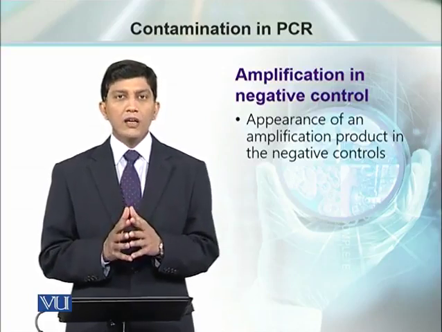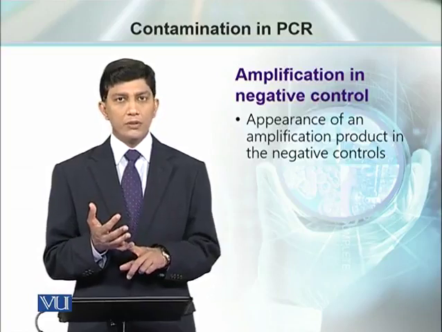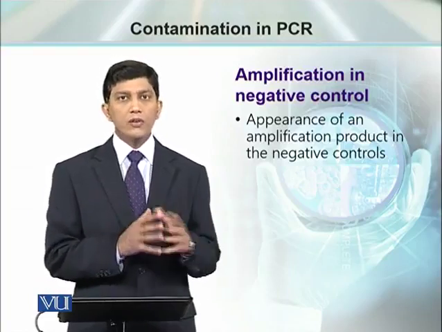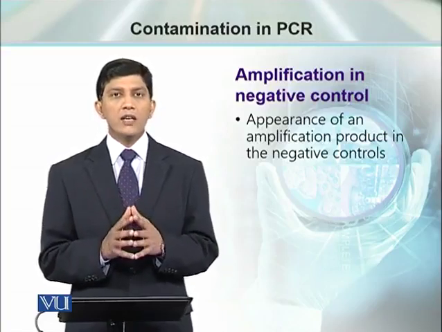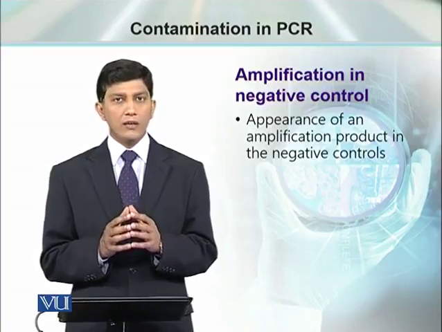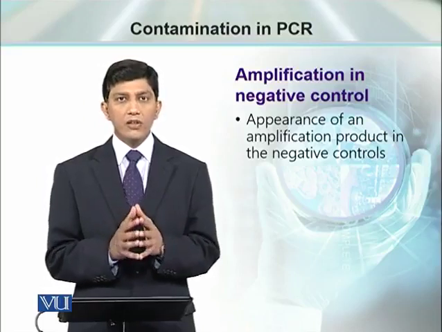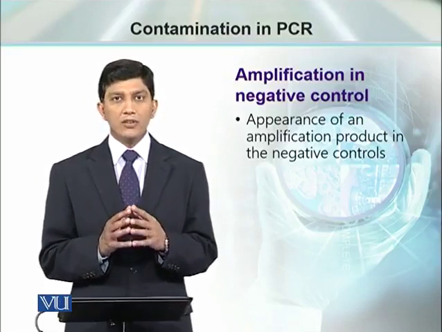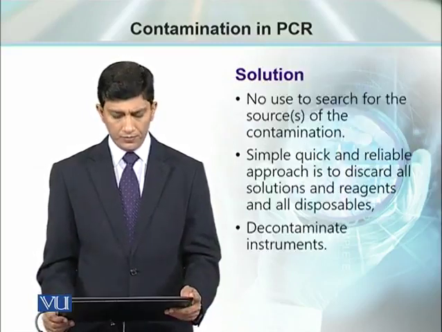When we do PCR, besides our control samples or the experimental samples, we use a positive control and a negative control. Negative control is that sample in which we don't give any kind of DNA. But even then, if we see some kind of amplification there, that indicates the contamination of exogenous DNA.